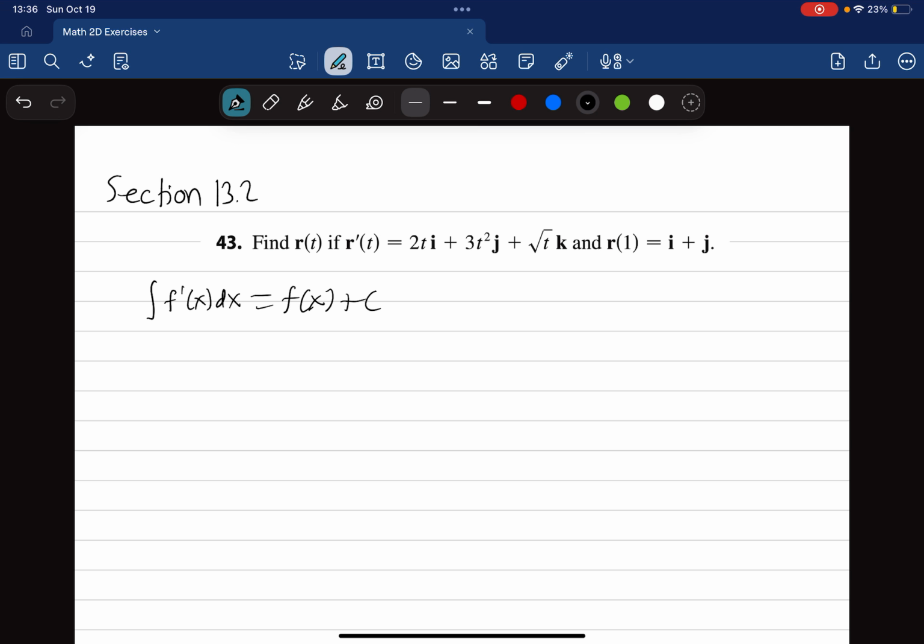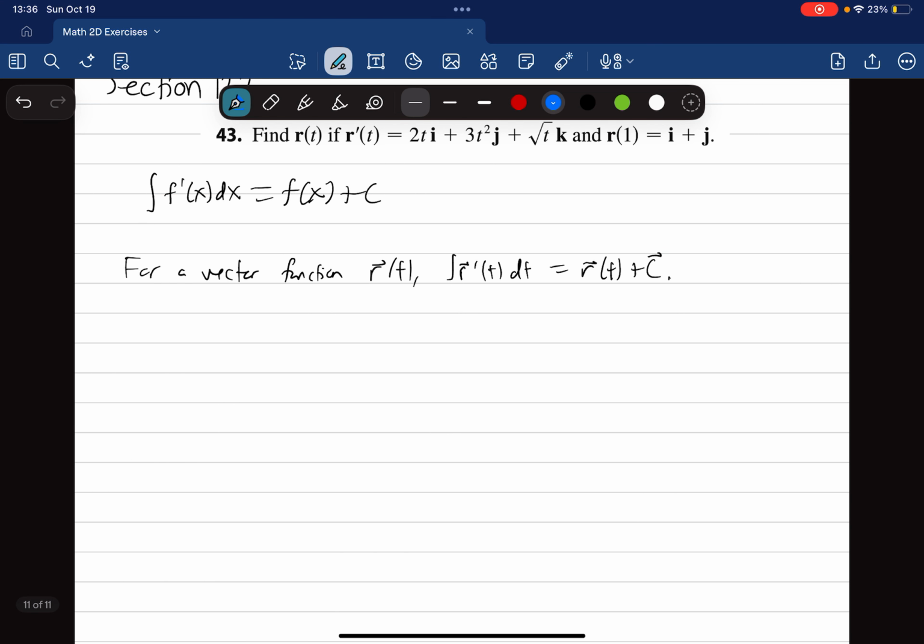So for a vector function r of t, the integral of the derivative of r can be given as just the vector function plus some constant vector.